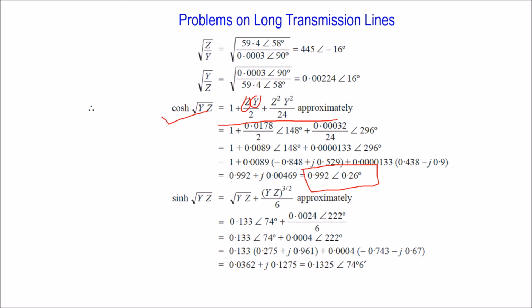Similarly, we can determine the value of sinh root over YZ and we get the value 0.1325 at an angle of around 75 degree, right? So we get cosh root over YZ and sinh root over YZ. So we can easily determine the Vs if we know IR, right?